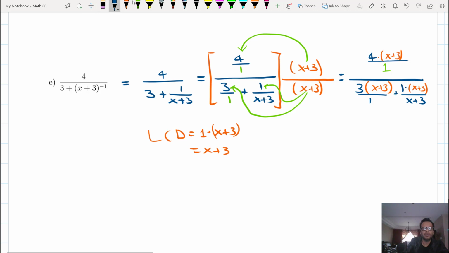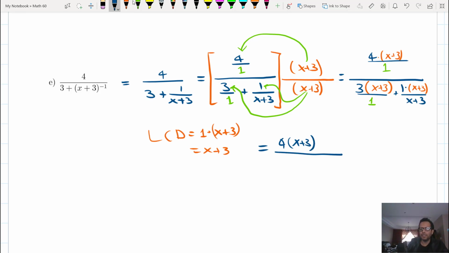Okay, let me change this denominator right here with a green positive 1, right, which was the invisible positive 1, right? Okay, at this point, let's simplify, or rather divide out common factors. Okay, 4 divided by 1 is simply 4 that multiplies x plus 3.